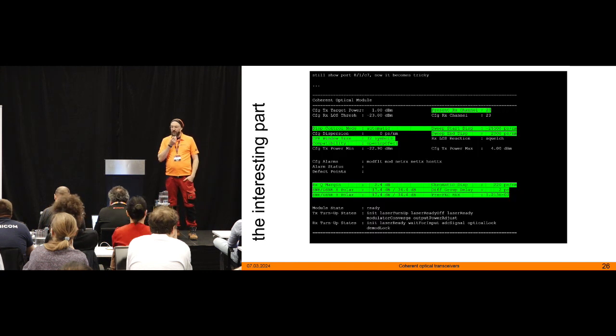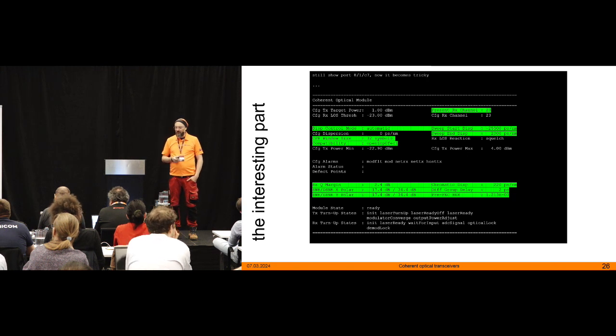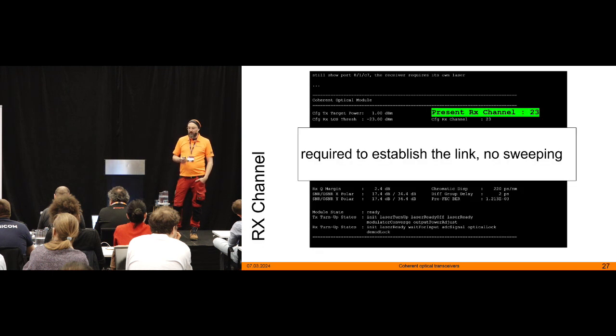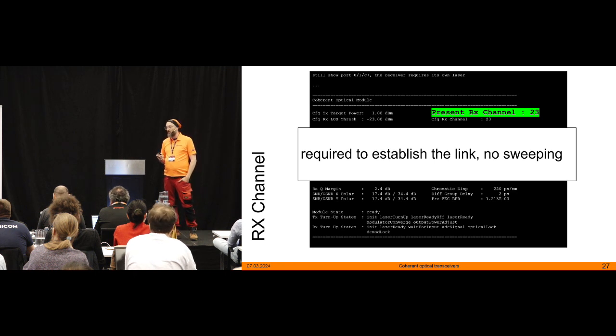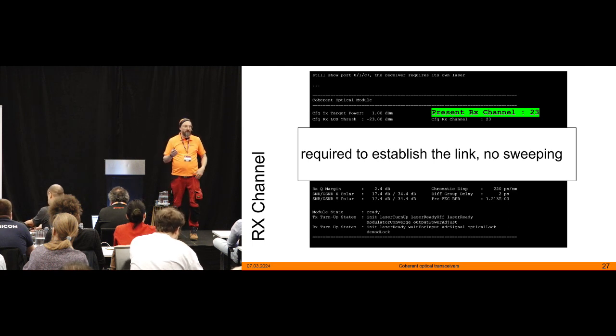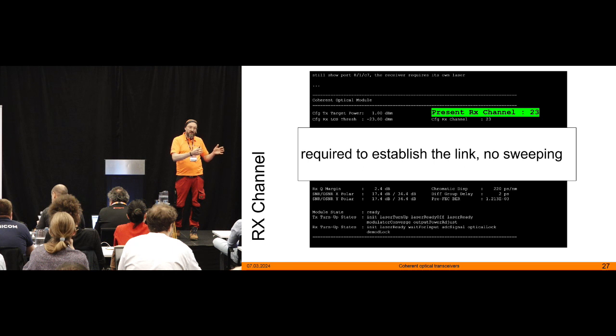And now, coming to the coherent parameters, this is like the juicy part. So I'm going to go through them step by step now. The first one is the RX channel. This is new now. Previously, for tunable DWDM transceivers, like in 10 gig, you only did the tuning on the TX side.